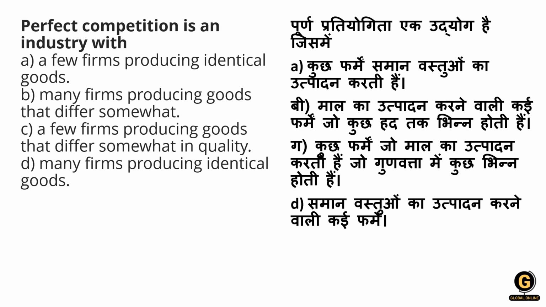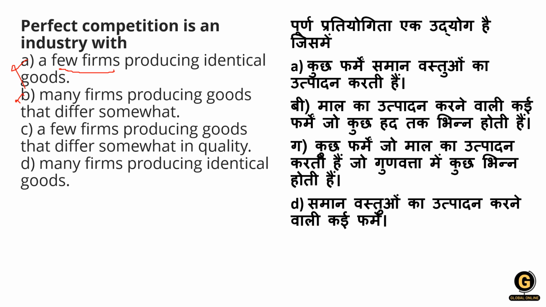First is a few firms producing identical goods. Few firms is not a characteristic of perfect competition, so this option is cancelled. Many firms producing goods that differ somewhat. Many firms is a characteristic of perfect competition, but they say that the goods differ somewhat, and there is no difference in goods in perfect competition, so this is also cancelled.